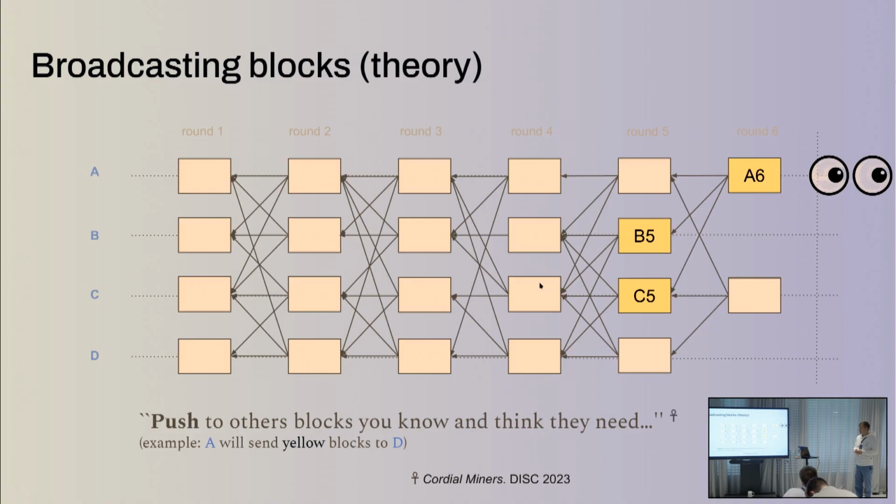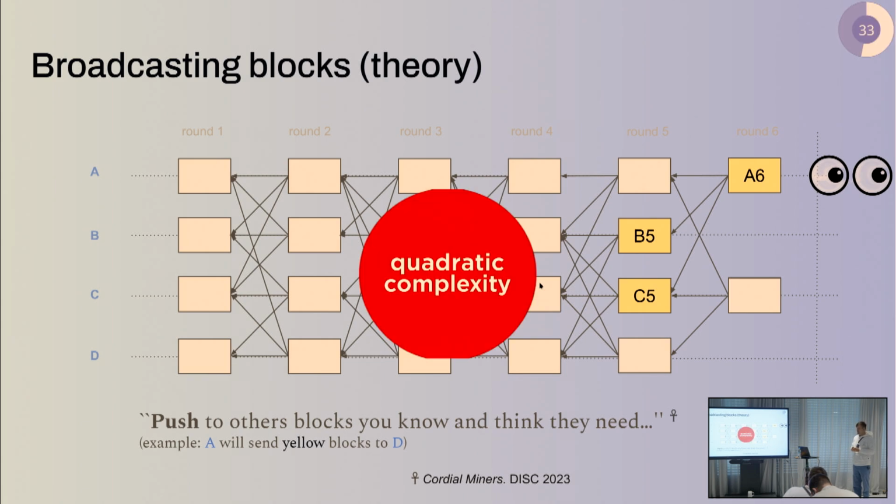That's the basic logic behind it. But as you can see, with this approach, almost every block has to be communicated between almost every pair of validators, and it leads to a quadratic complexity of communication even for transaction data.